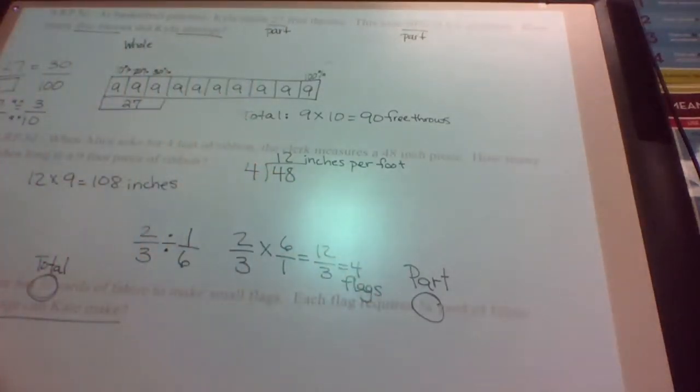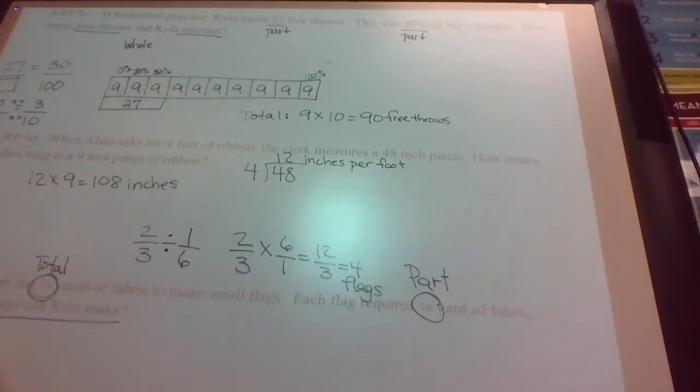Okay. So when I want to figure out how many of something I can make, I'm trying to figure out how many 1/6s are in 2/3.